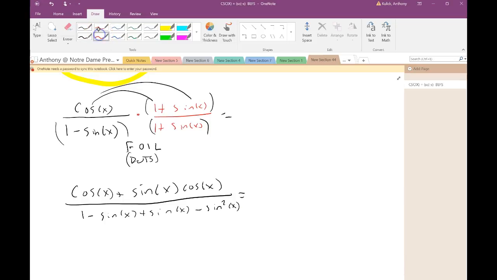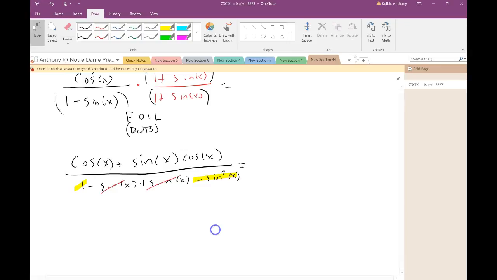And notice something rather nice happens in the denominator, don't you? In the denominator now I have 1 minus sine squared. What is that? Cosine squared. And if I look at the numerator, each term has a factor of cosine in it, correct?